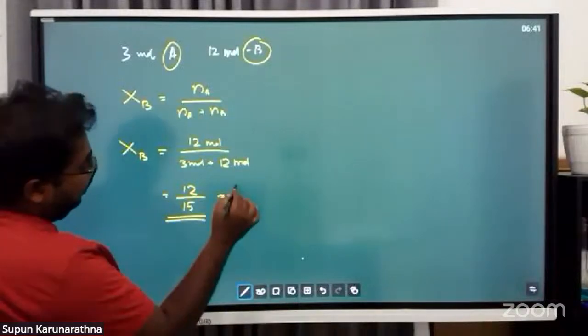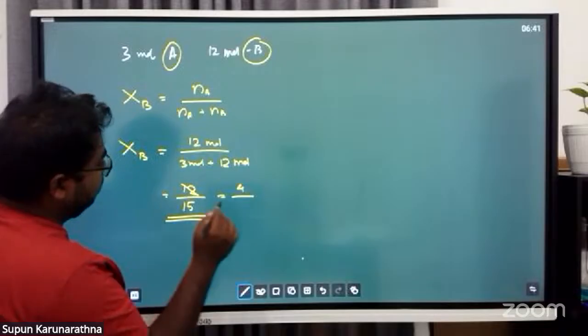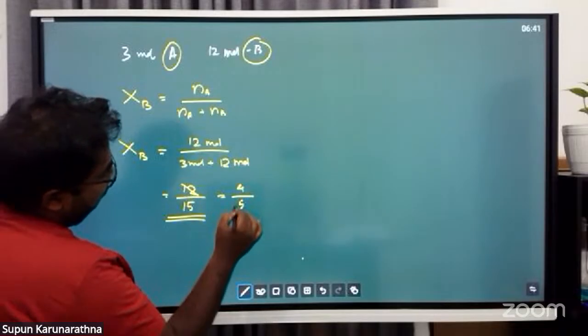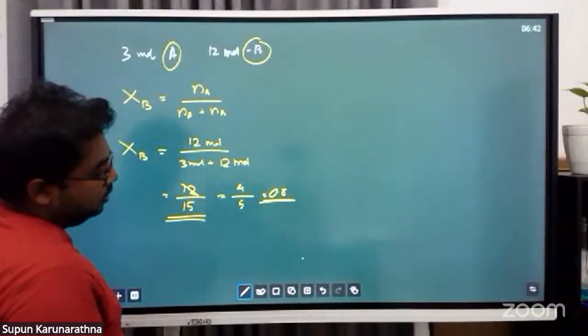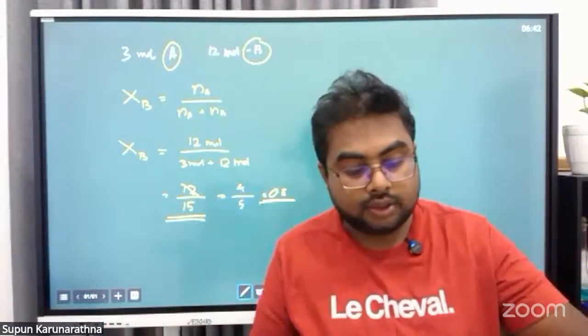Easy, right? Both divided by 3, the numerator and denominator come to 4 and 5. 4 divided by 5 means actually 0.8.